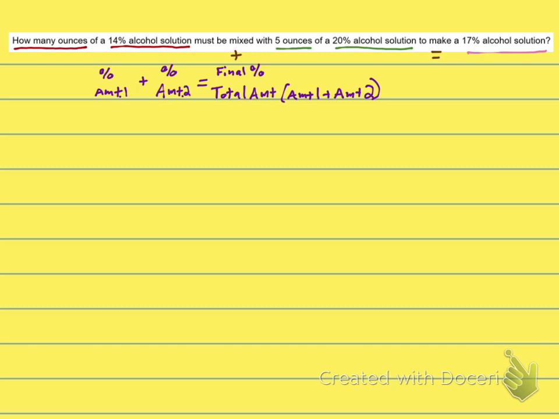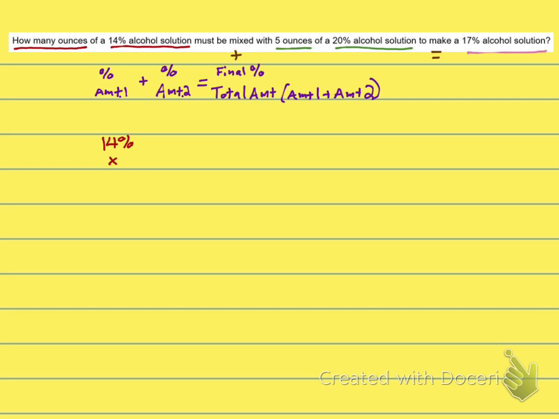All right, let's put it together. Let's make an equation. So our first amount is unknown, that's our x, and we have 14% alcohol. Then we're going to add our green one here. I guess I could have color-coded that. Yeah, let me do that. Let's do our 14% in our first mixture with how many ounces, I don't know.